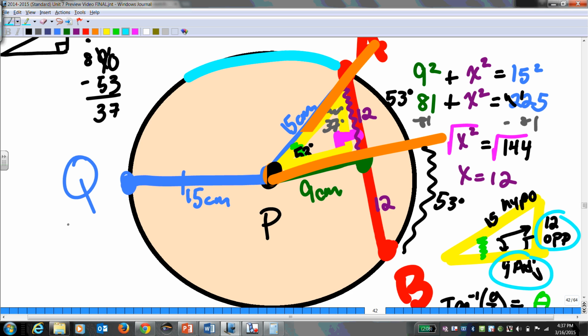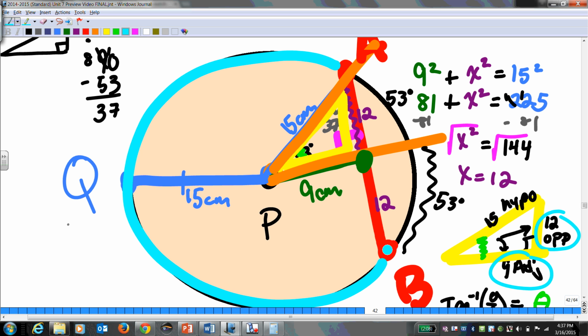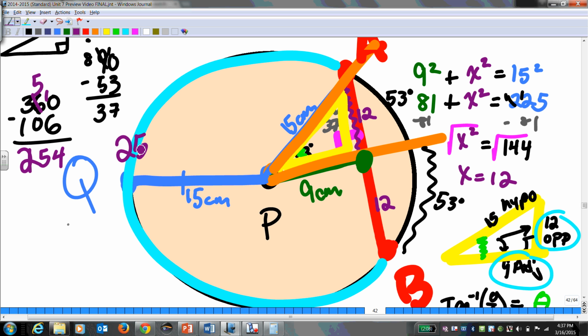So you can sweep around and find that big arc by doing 360 minus 106, that's 2 times 53. So we get 254.